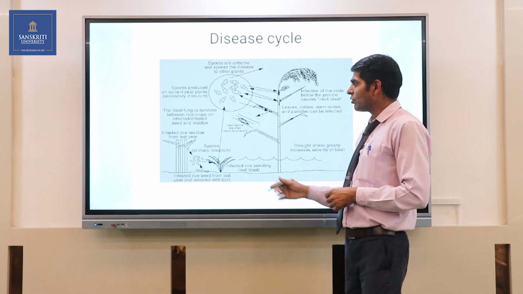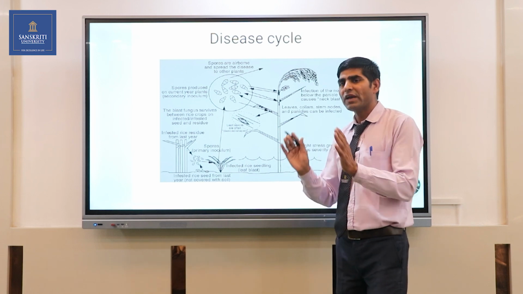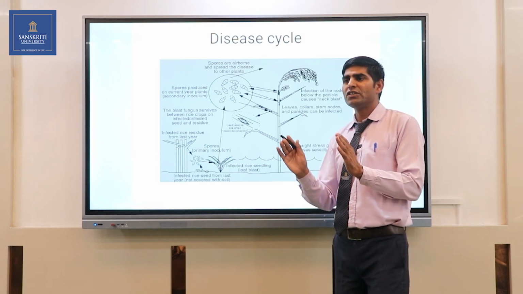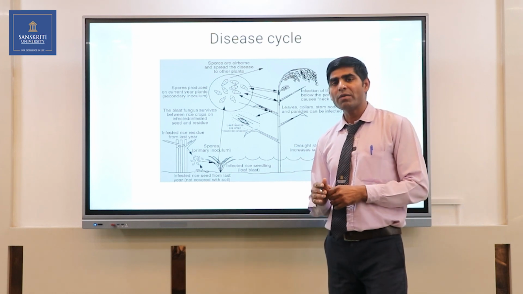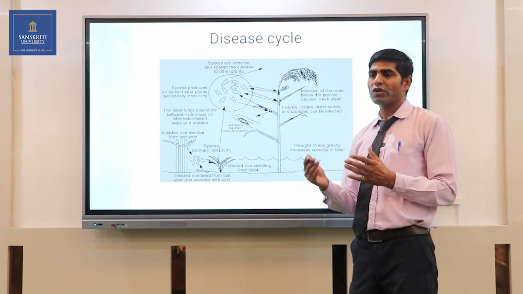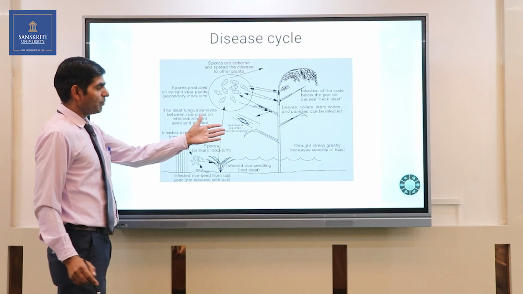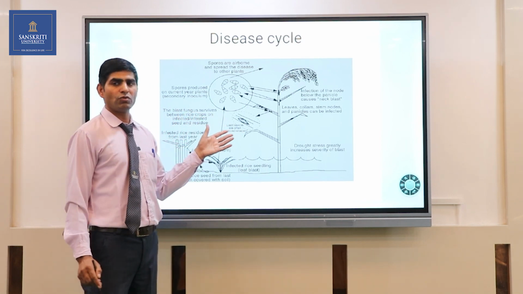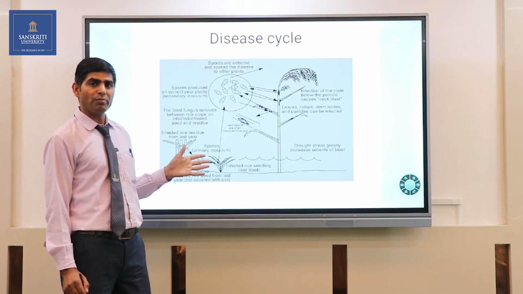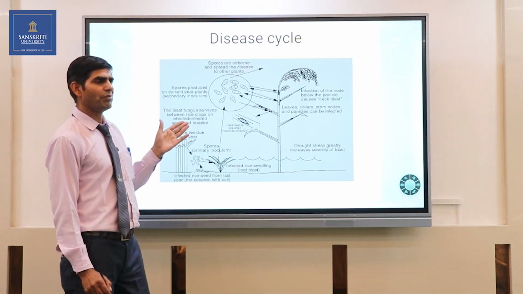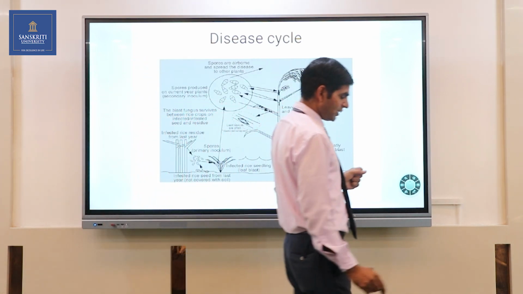And as I told you, the secondary infection, the disease, generally depends on the environmental condition. If there is a favorable environmental condition, because we are talking about the blast disease of rice, generally this disease takes place when the day temperature is 25 to 26 degrees Celsius, and the night temperature is 15 to 20 degrees Celsius, and humidity 70%.